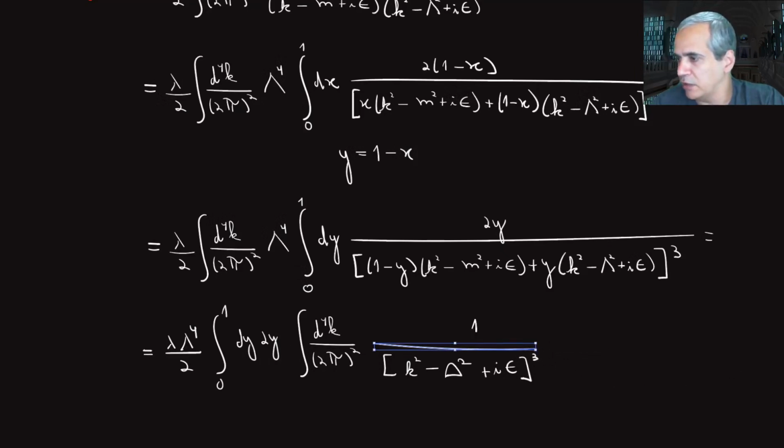In this case, delta squared is y lambda squared minus (y minus 1) m squared.